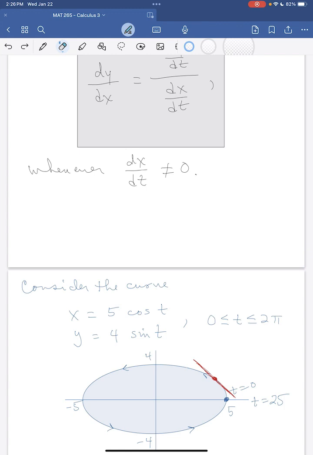So here we have the ellipse, and again, you can think about what happened to the unit circle to get this x and y.